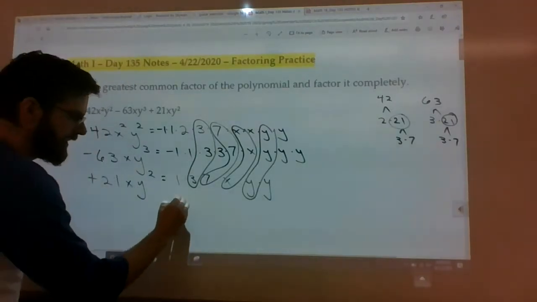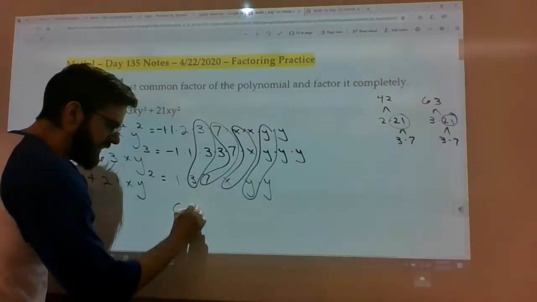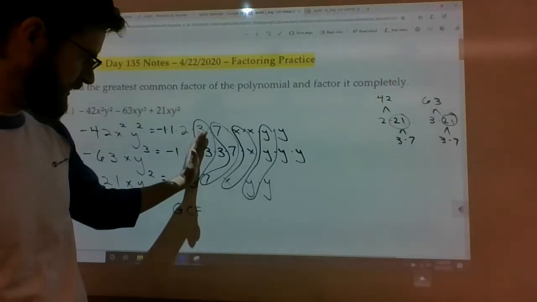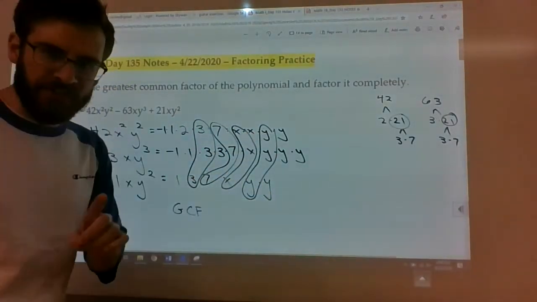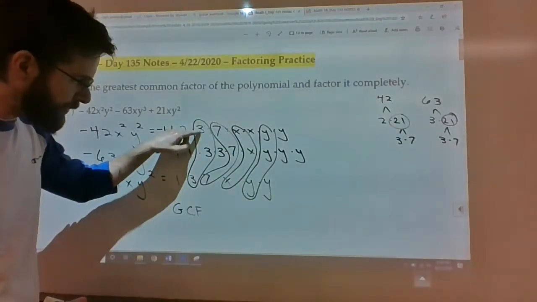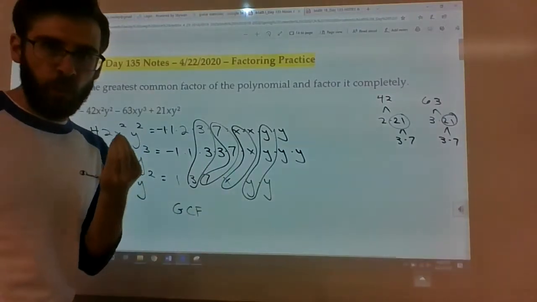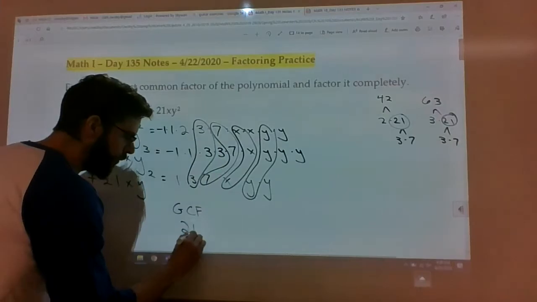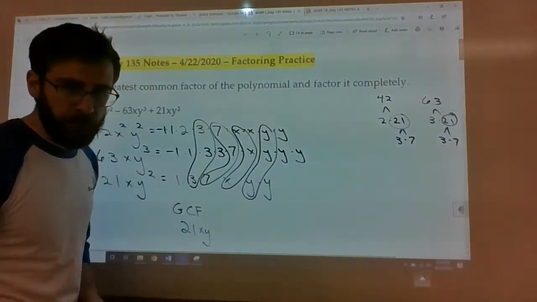We say this polynomial can be written as its greatest common factor, which in this case is 3 times 7 times x times y. Notice I'm not saying it's 3 times 3 times 3, 7 times 7 times 7. It's just what they all share. So it's 21xy. And then your leftovers.